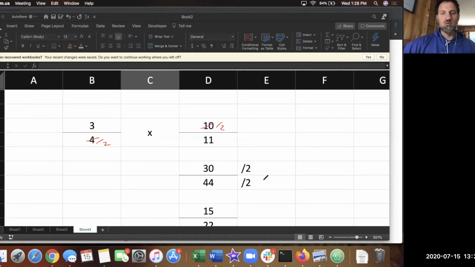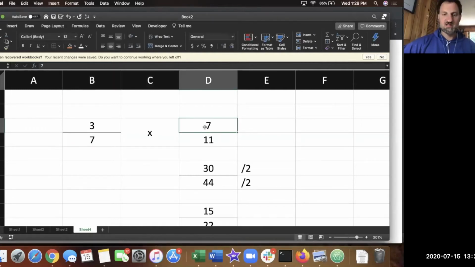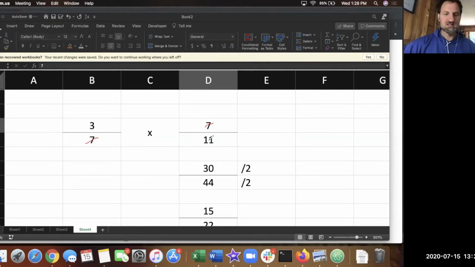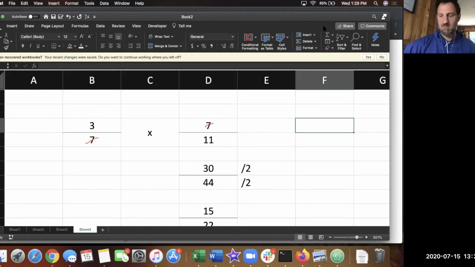Let me give you a different problem: 3/7 times 7/11. This can be crossed out, and this can be crossed out, so the answer would be 3/11.